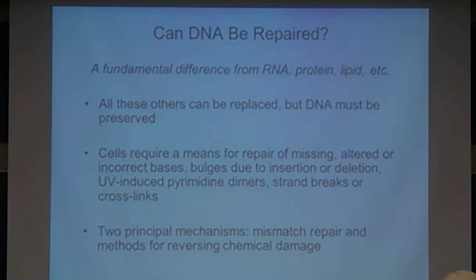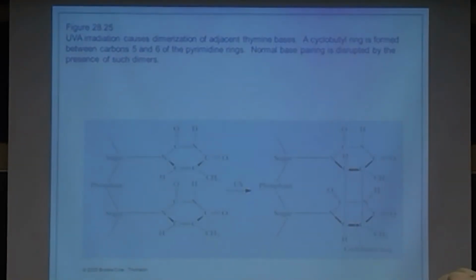So if we are spending time in the sun regularly, there is a lot of UV radiation in the sunlight, and this UV radiation, let me see if I have that. Yeah, this is one of the mechanisms by which UV can damage DNA.